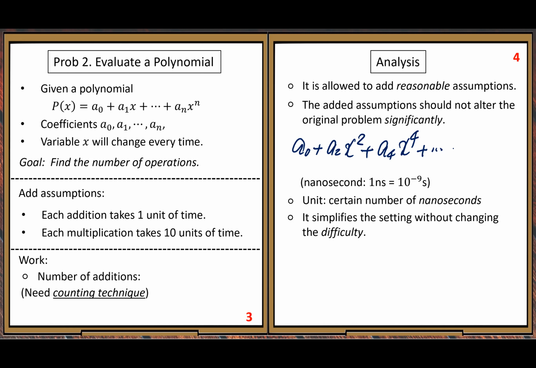I show you the pattern, right? Now if I ask you how many additions, can you get that? Still n. Good, still n.